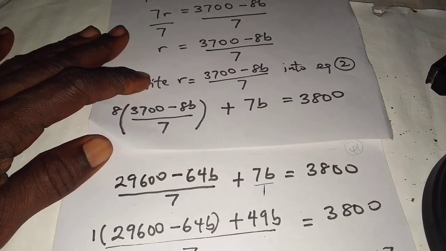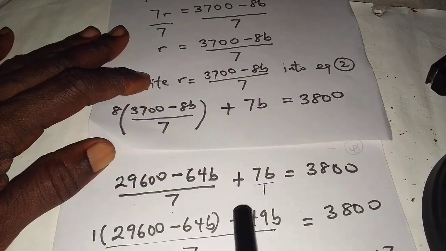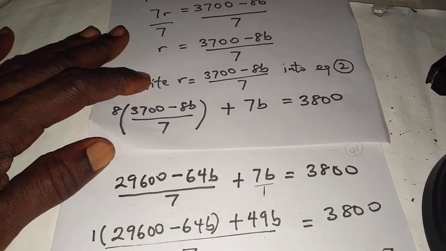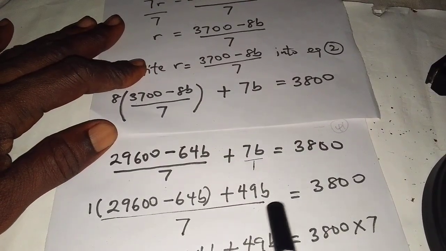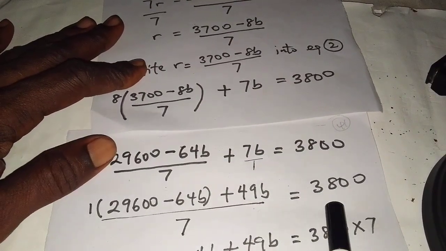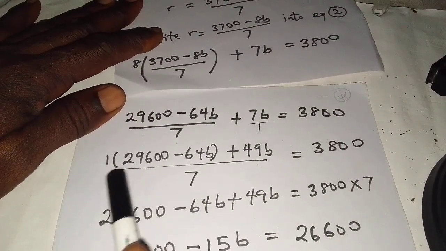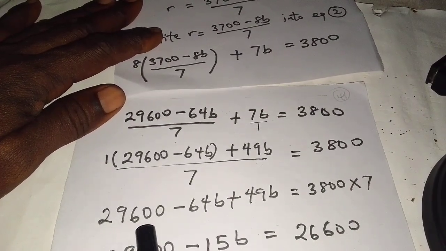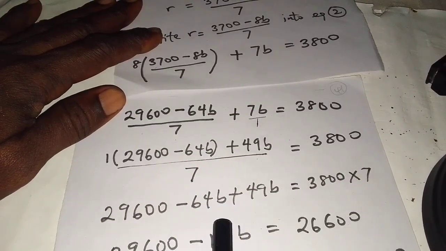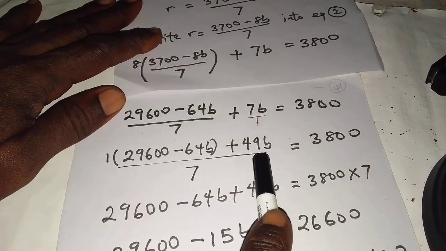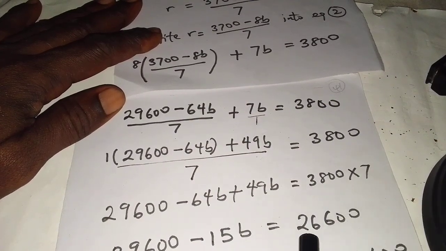How many 7s are in 7? 1, times everything here, plus how many 1s are in 7? 7 times 7B will give us 49B equals 3,800. If we open the bracket, 1 times 29,600 is 29,600, minus 1 times 64B, plus 49B, is equal to 3,800 times 7, which will give me 26,600.